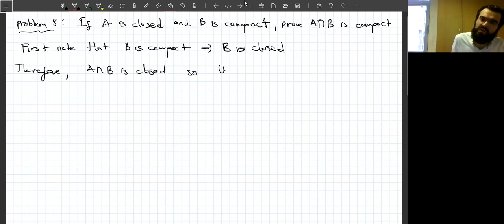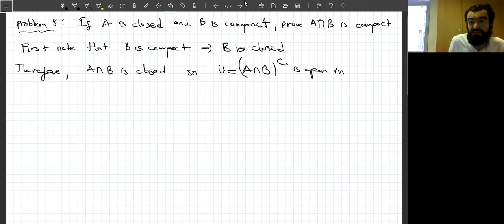So U, the complement of this intersection, is open in some ambient space X, which contains A and B.